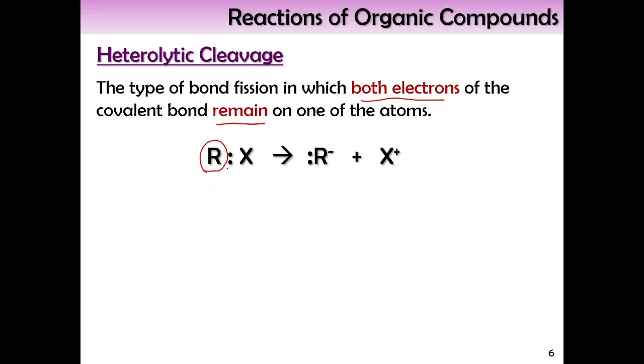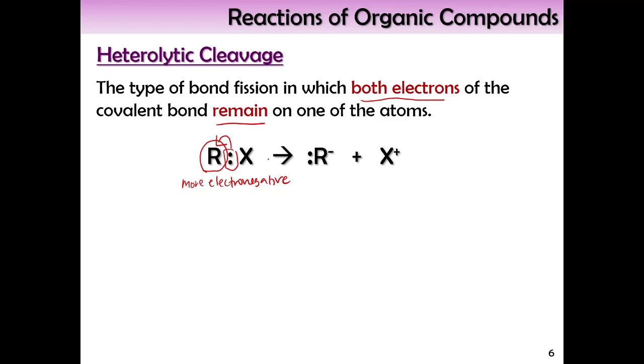From the reaction here, I can see that R is more electronegative than X. So in this case, both of these electrons are going to be transferred to R. X here does not mean halogen. It means something else, maybe another methyl, but usually X is Cl, iodine, bromine.